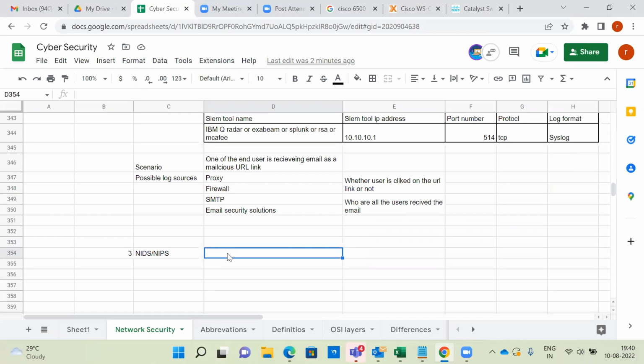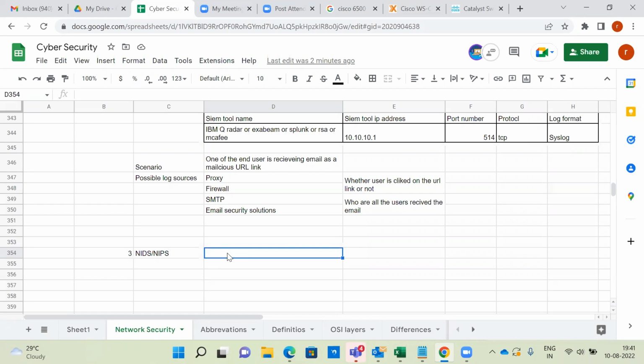Firewall, EDR, proxy, that's correct, web application firewall as well. These differences we have to observe. So NIDS we can compare with a SIEM tool because it will do only monitoring, but it will not block.